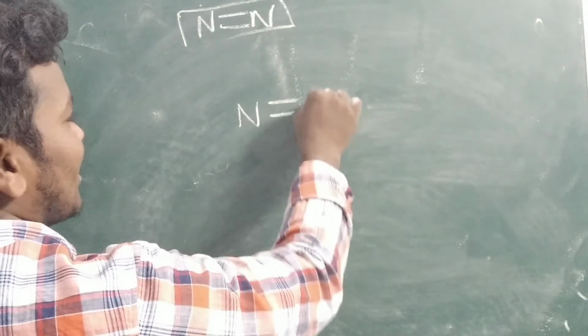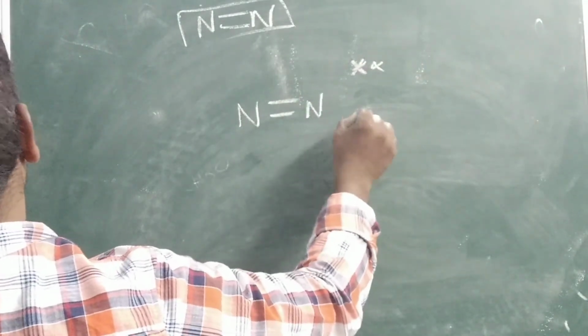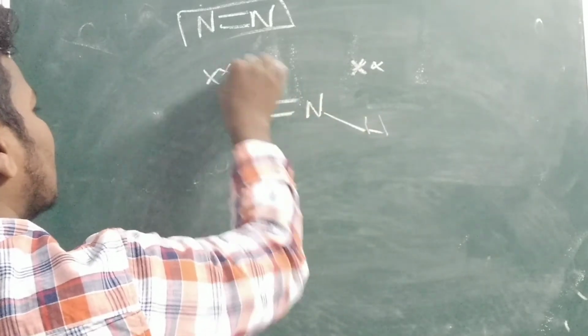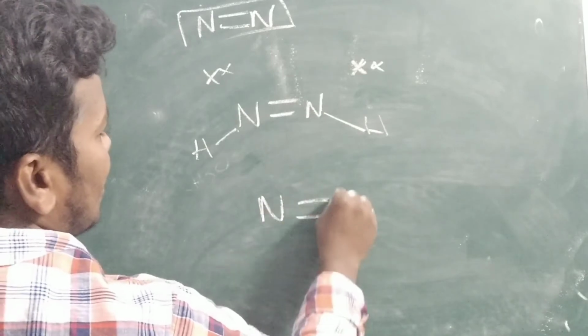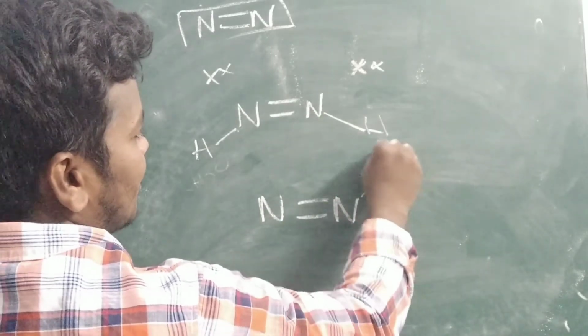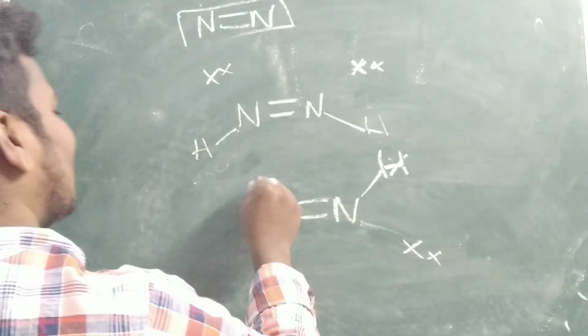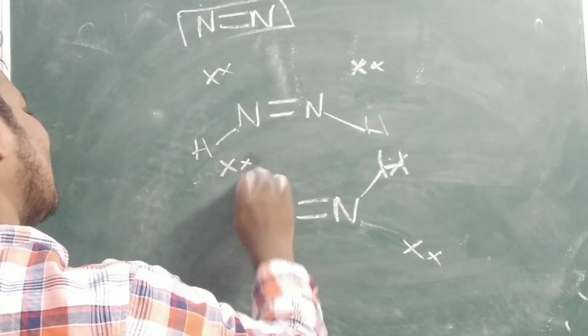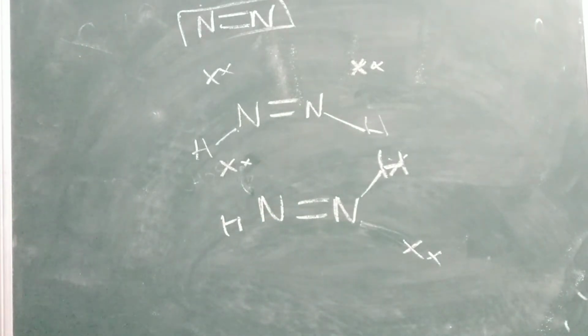N double bond N. Here lone pairs are presented, here hydrogen is presented. If you rotate any one thing, hydrogen here and lone pair here, it is exhibiting. Yes, azo compounds exhibit it.